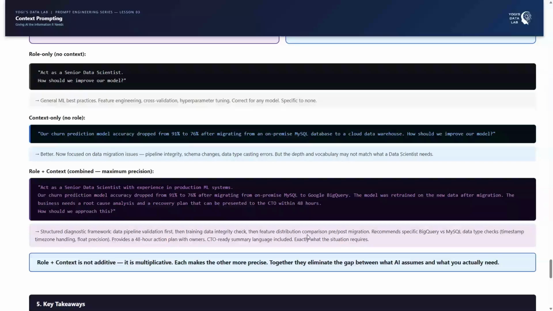So it will go through each and every topic from your data pipeline till your migration checklist, and it will try to see where you might have missed things, and how you are going to improve the result. So role plus context is not additive, actually it becomes multiplicative, because it makes it very strong to understand exactly what the context is and how to filter out the data based on the role and give you a much more precise answer.